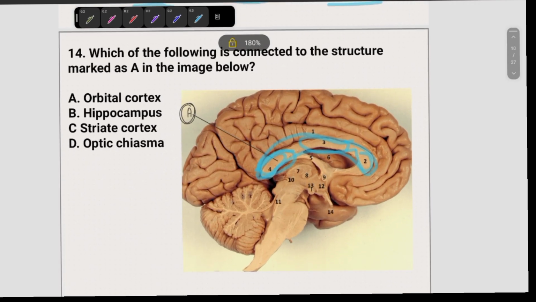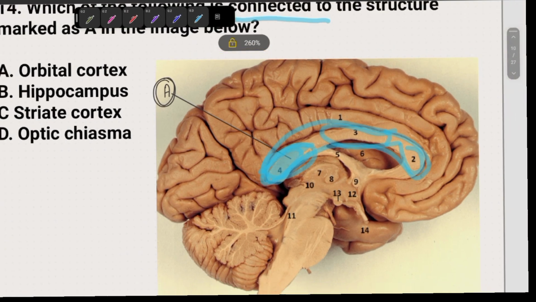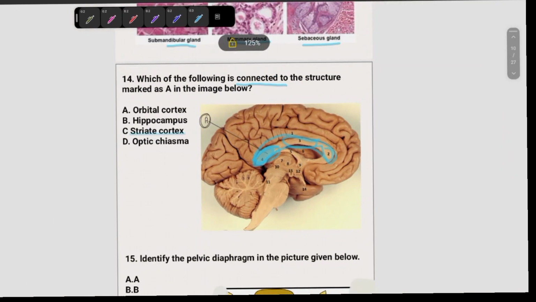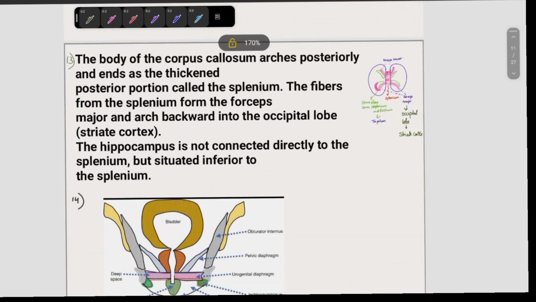They are asking, this is the splenium, but what structure is connected to that? Actually, the splenium connects to the occipital lobe, through what is called the striate cortex. Here you have to know the name striate cortex. That is the only thing you have to know here.